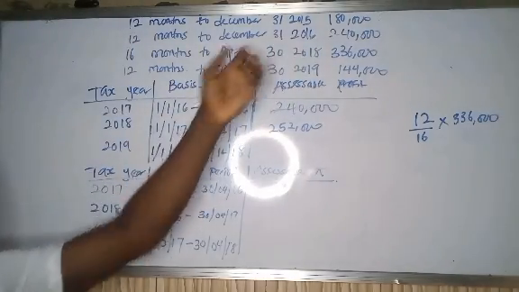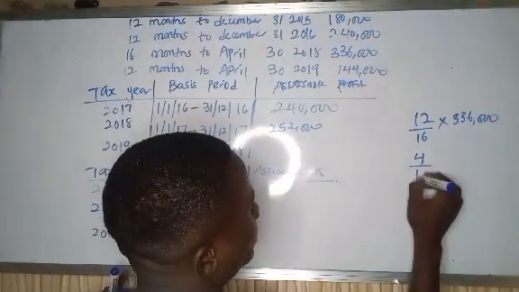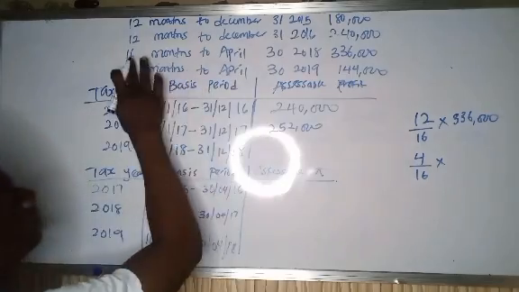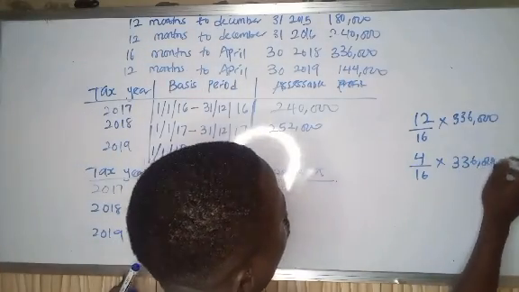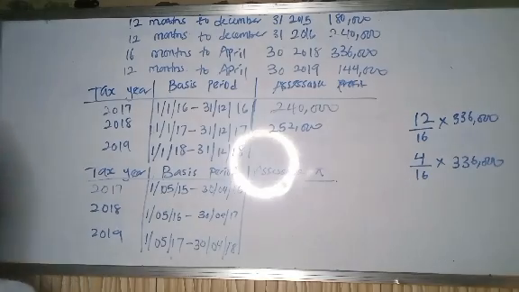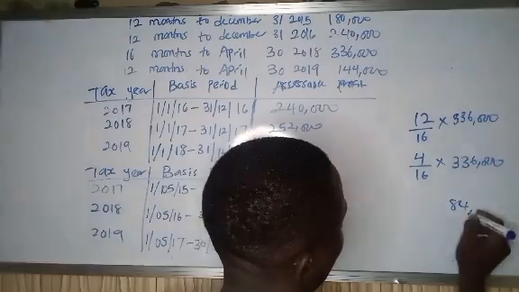So I need to remove those 4 months out of it. I hope you are getting it. So 4 over 16 times 336,000. 4 divided by 16 times 336,000, I will have 84,000 for 4 months.